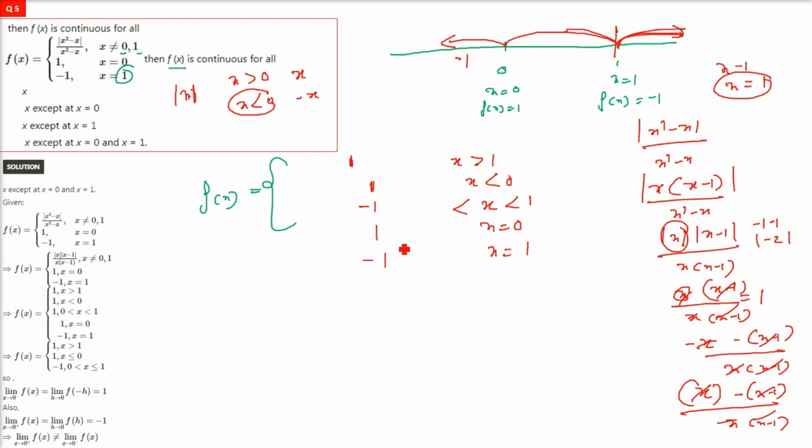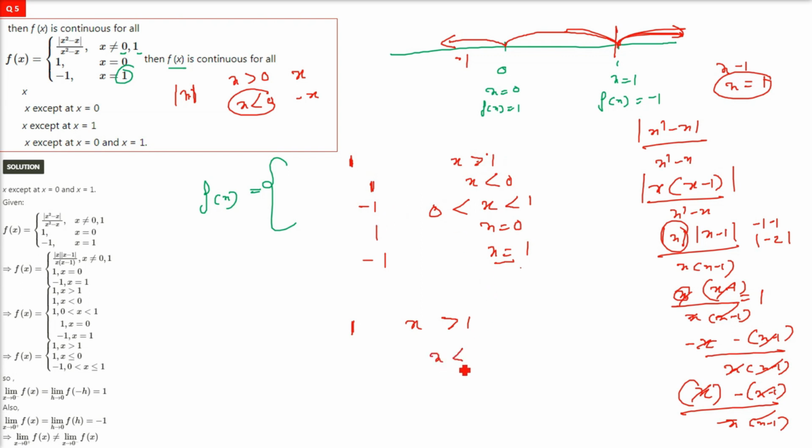So there are multiple boundaries, multiple points. So we will try to combine all these. What is happening in these boundaries? Because they are separate values, some values are given. So we can just replace this equality sign and take it with the less than or equal to sign. So x greater than 1 and x equals 1 are both different, so we cannot combine them. x less than 0 gives 1, x between 0 and 1 gives minus 1.